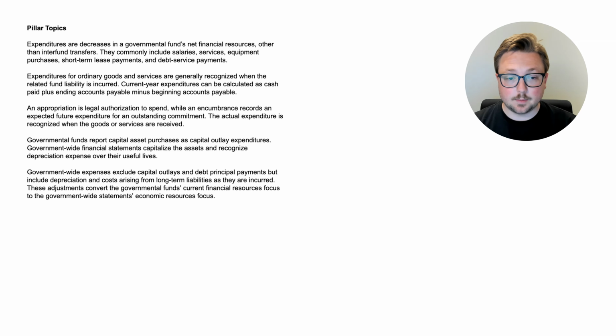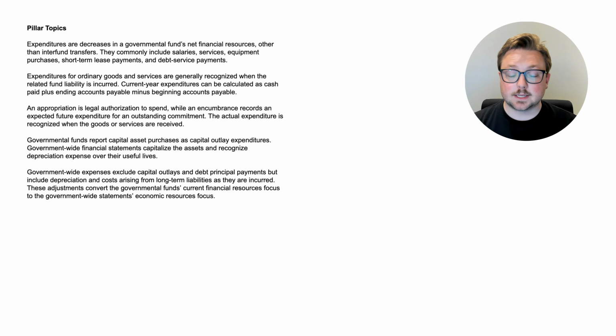Next, let's move on. An appropriation is legal authorization to spend, while an encumbrance records an expected future expenditure for an outstanding commitment. The actual expenditure is recognized when the goods or services are received. Next, governmental funds report capital asset purchases as capital outlay expenditures.